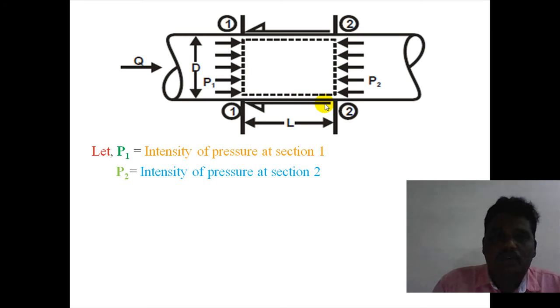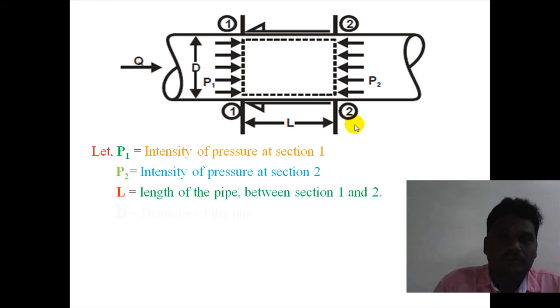Now, the friction force acts opposite to the direction of the pressure force, in which the water is flowing. P1 is the intensity of pressure at section 1, P2 is the intensity of pressure at section 2. L is the length of the pipe between section 1 and section 2.